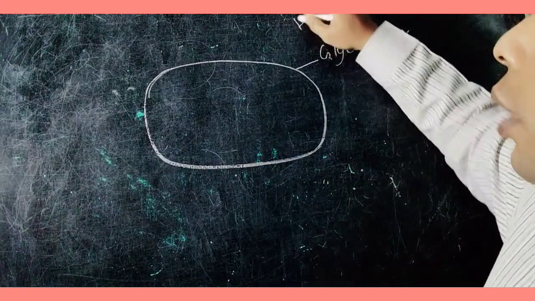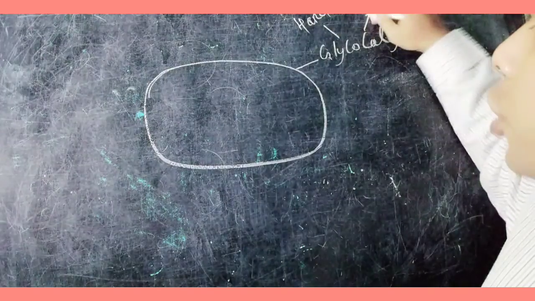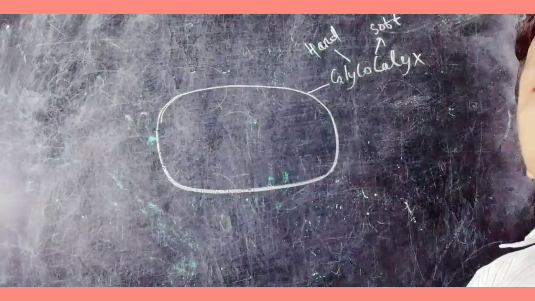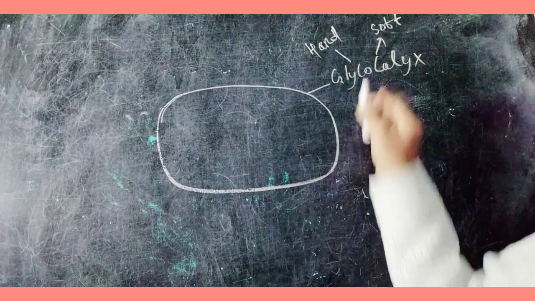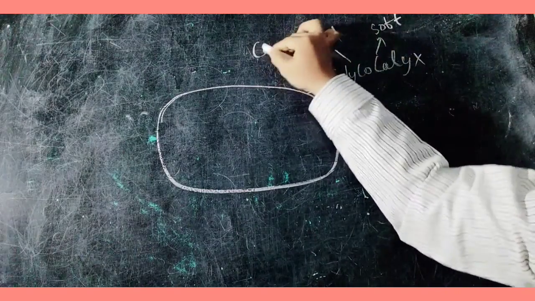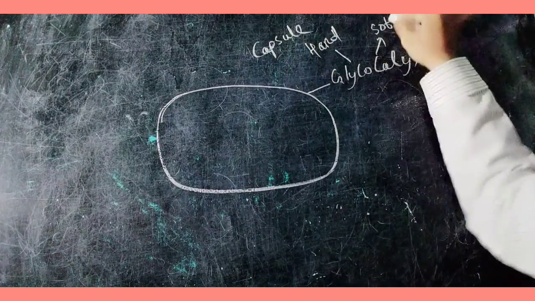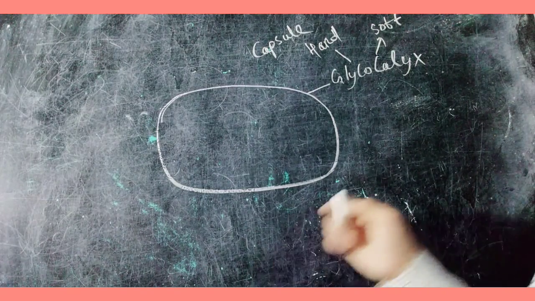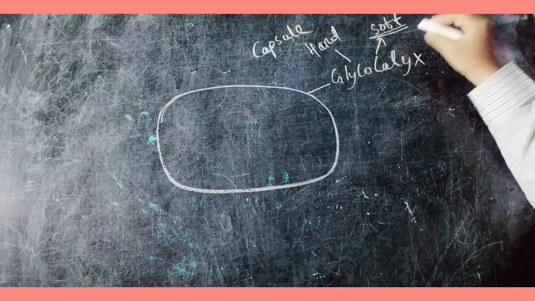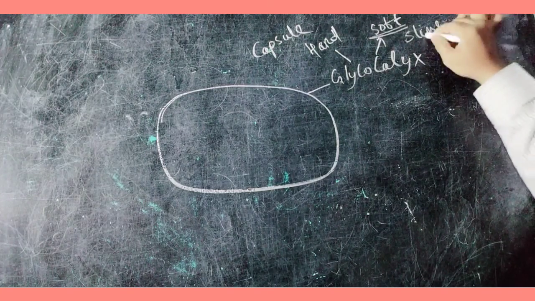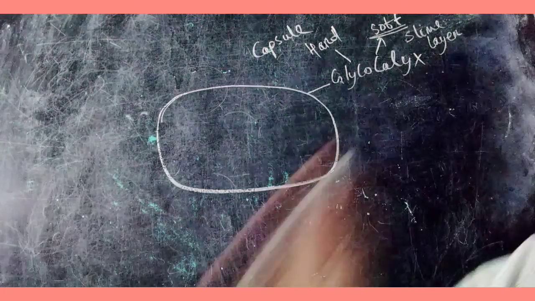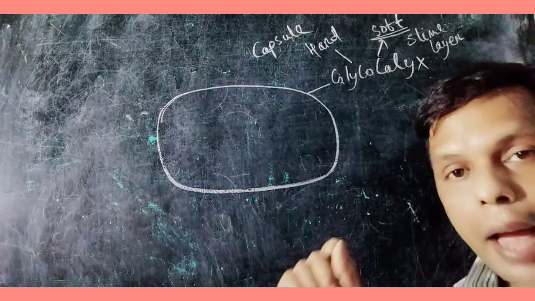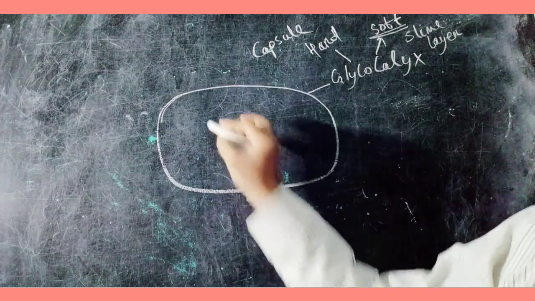When the glycocalyx is hard, it is called a capsule. When it is soft, it is called a slime layer. Okay, slime layer. It is the glycocalyx. Below the glycocalyx layer, there is cell wall.